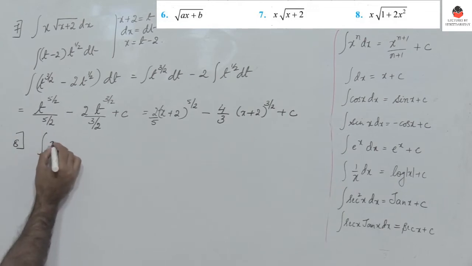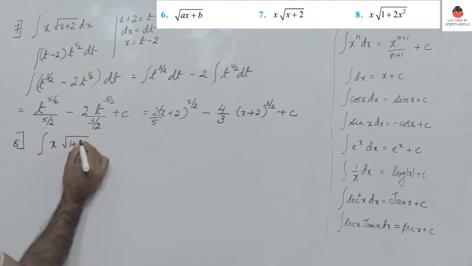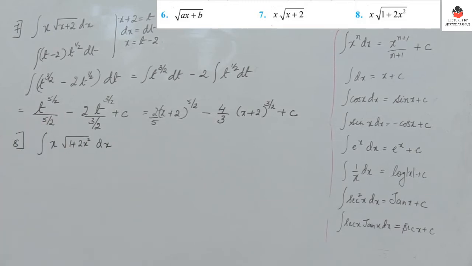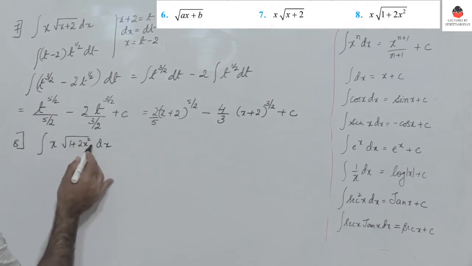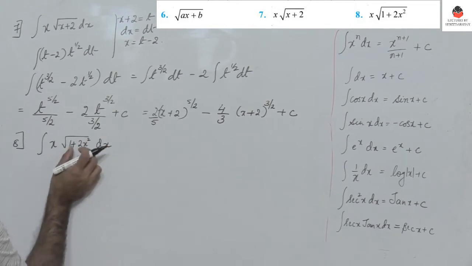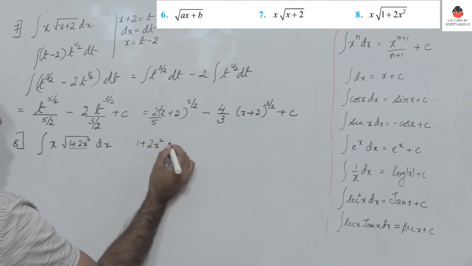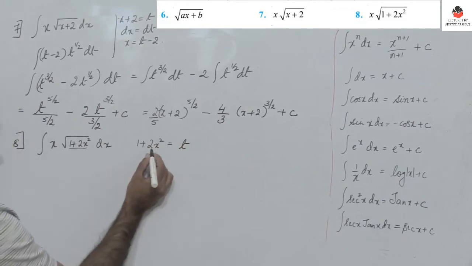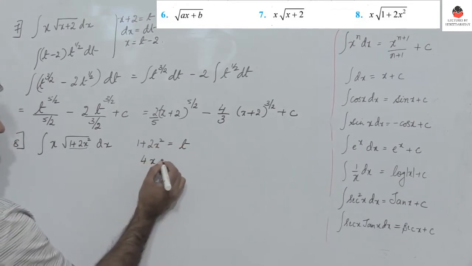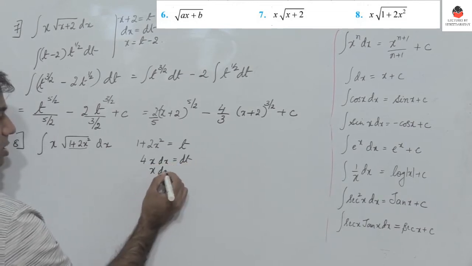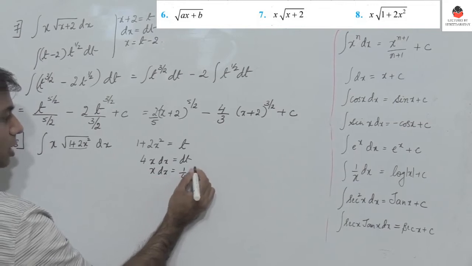Eighth one, integral x into root of 1 plus 2x square dx. So very easy, since you have 1 plus 2x square under root, I have to make this substitution as 1 plus 2x square equals t. So you have 2 into 2 is 4x dx equals dt. Or what is x dx? It is 1 by 4 dt.